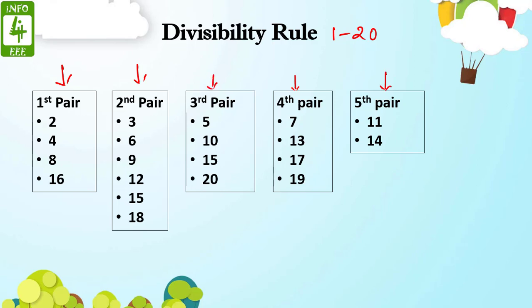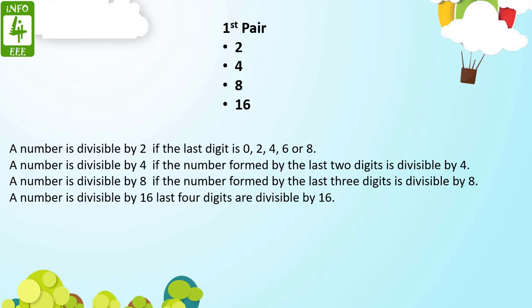Okay, so let's start with the first pair, the divisibility rule for 2, 4, 8 and 16. For 2, we just need to look at the last one digit. For 4, we need to look at the last 2 digits.